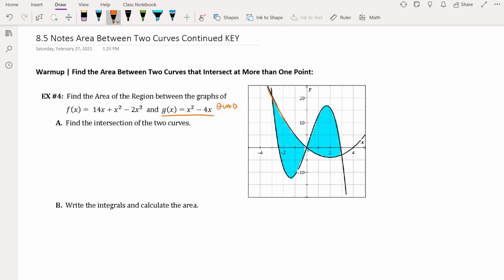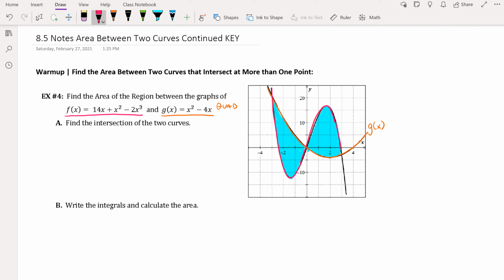So I'm going to mark the graph that is a parabola, or a quadratic. That is g of x. We need to be able to do this both with and without a calculator. All right, and then f of x is a cubic. You can see that the highest exponent is x cubed on the end there, and that is this function.